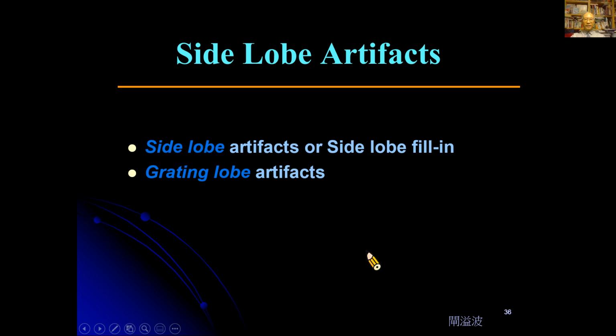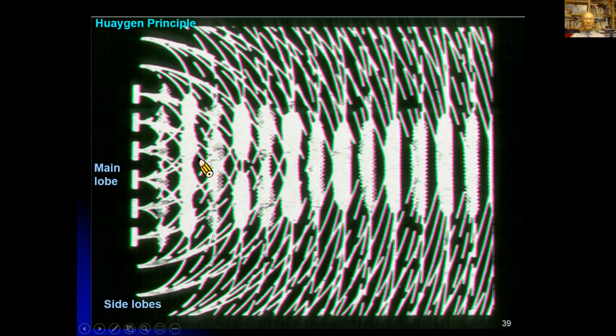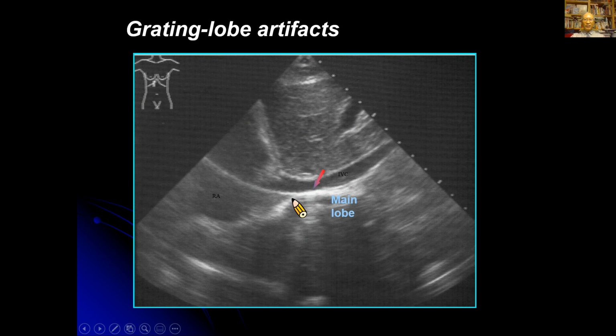Side lobe artifact is because of the energy from the side lobe. The main lobe is the sound beam we use for sonography study, but the side lobe signals can also be detected.